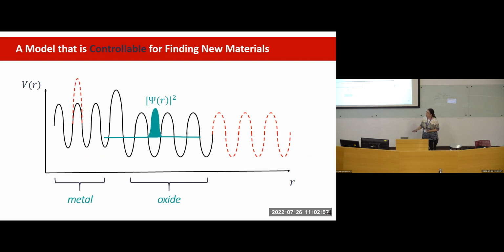For example, if there's a dopant or a vacancy, you can put one of the barriers higher. So it's so controllable. You can really tune each and every place in the potential, and you don't have to do a big DFT calculation with the defect if you can anticipate the size of these barriers.